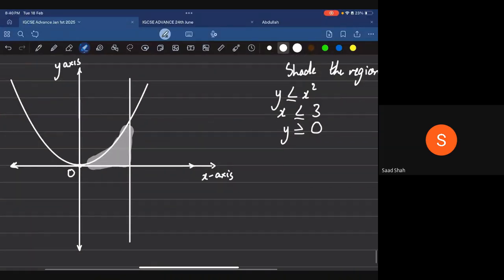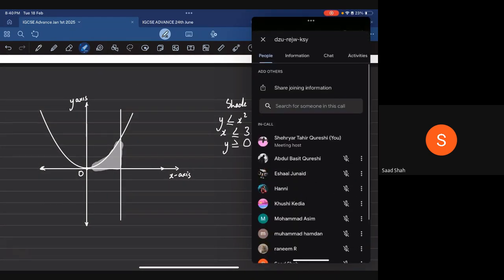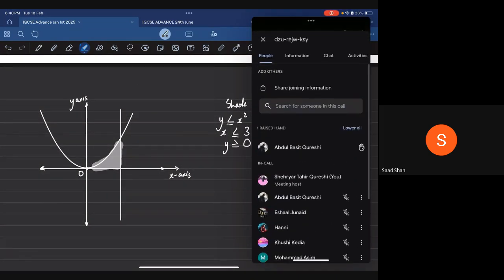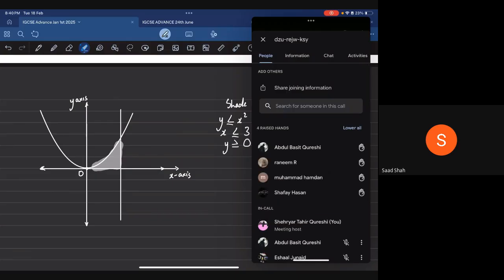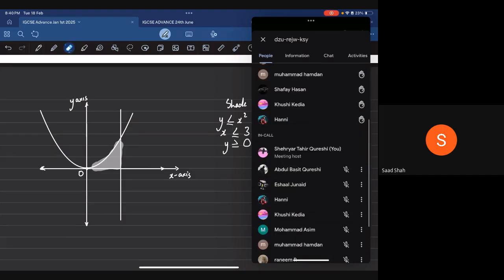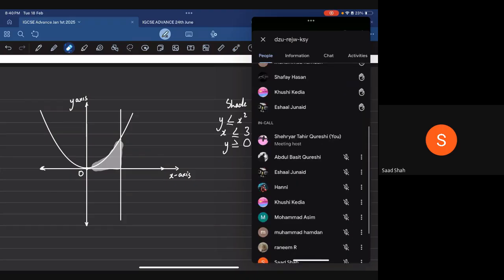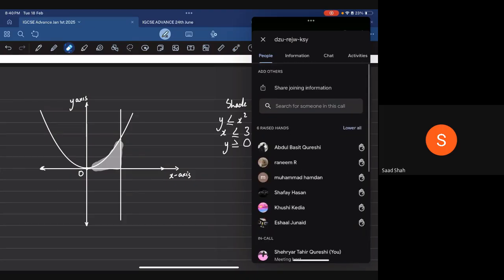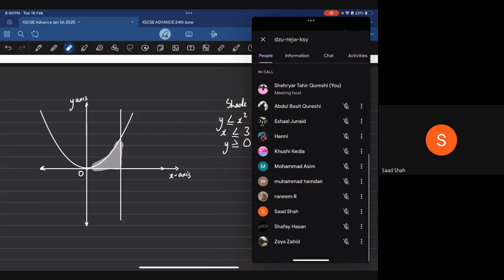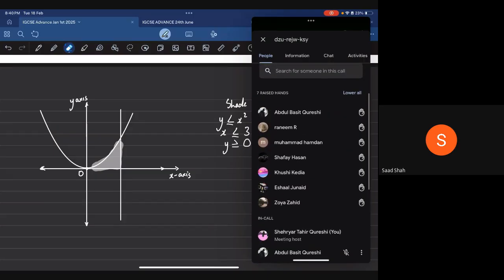Well done. Okay, raise your hands if you think Saad is correct. Basit thinks Saad is correct. Hani thinks it. Shafi thinks it as well. Hamdan thinks it's right. Raneem also thinks it's right. Who does not think it's right? Zoya also thinks so.